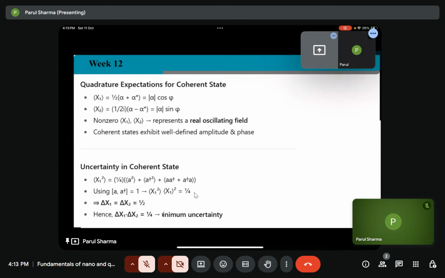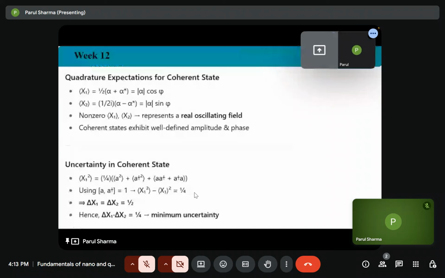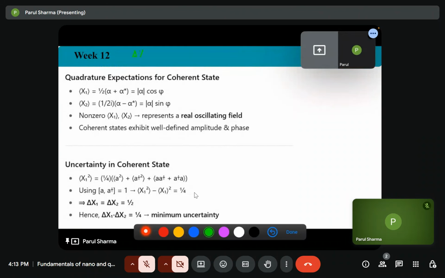That is, to calculate the uncertainty, we calculate x1, which is 1 by 2 <alpha| a plus a dagger |alpha>, which is 1 by 2 (alpha plus alpha star). So now we got the value of x1.